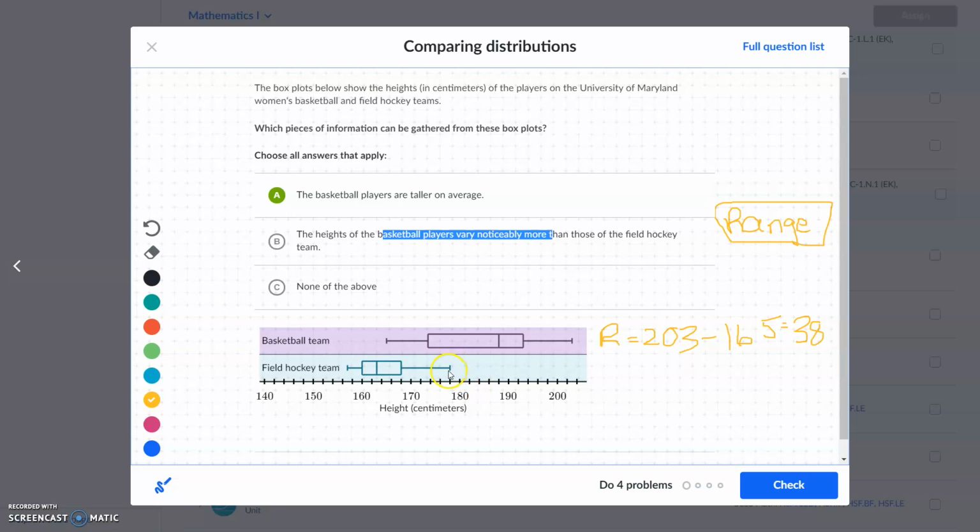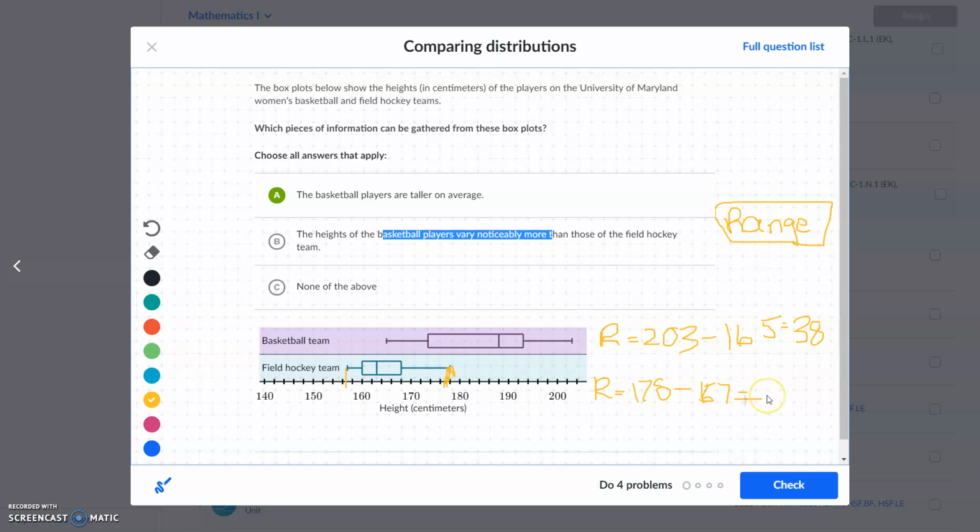And let's look at the field hockey team. This right here, our maximum, 178. And the minimum over here looks like right there. So it's 150, 152, 154, 156, 157 maybe.